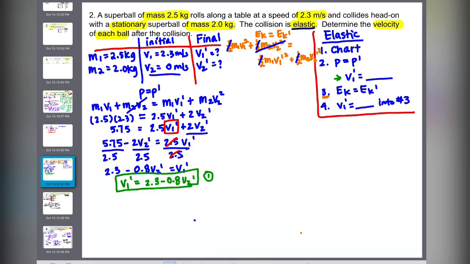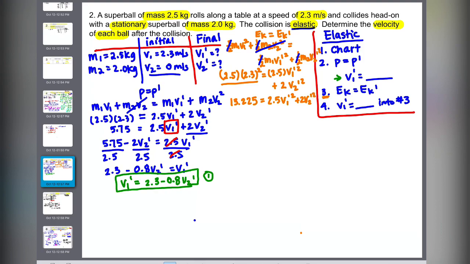So m1 is 2.5, v1 is 2.3 squared, equals m1 v1 prime squared, plus m2, which is 2, v2 prime squared. Expand out the first term: 2.5 times 2.3 squared is 13.225, equals 2.5 v1 prime squared plus 2 v2 prime squared.